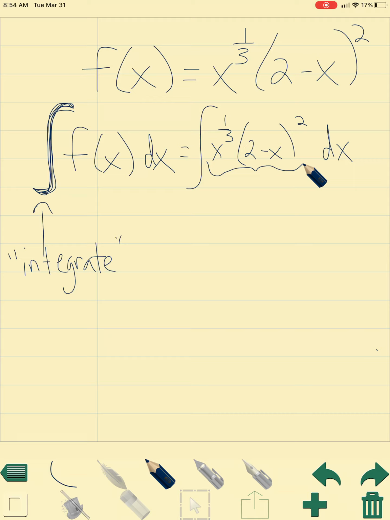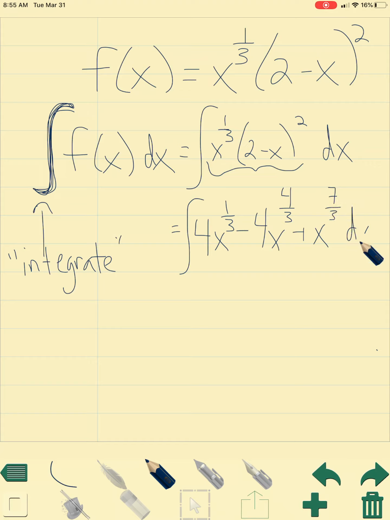If you remember when we started off derivatives, we didn't do this because we knew how to do the chain rule and the product rule after, but when we first started, we actually multiplied this out. If you multiply this through, you end up getting 4x to the 1/3 minus 4x to the 4/3 plus x to the 7/3.